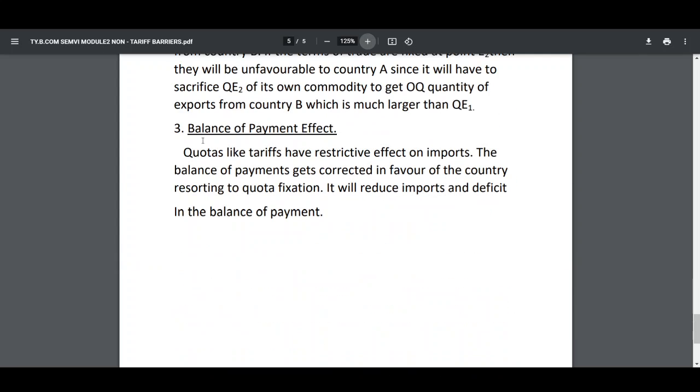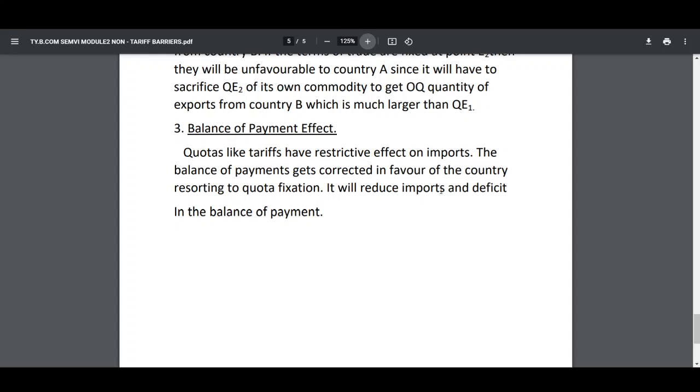Now the next one, balance of payment effect. Quotas like tariffs have a restrictive effect on imports. Restrictive means controlling effect. The balance of payments gets corrected in favor of the country resorting to quota fixation.